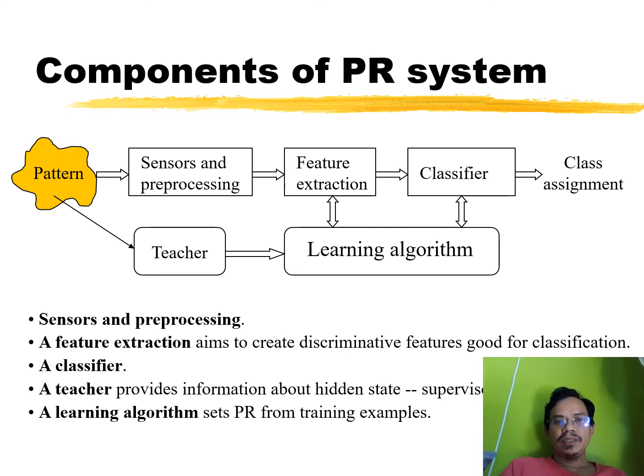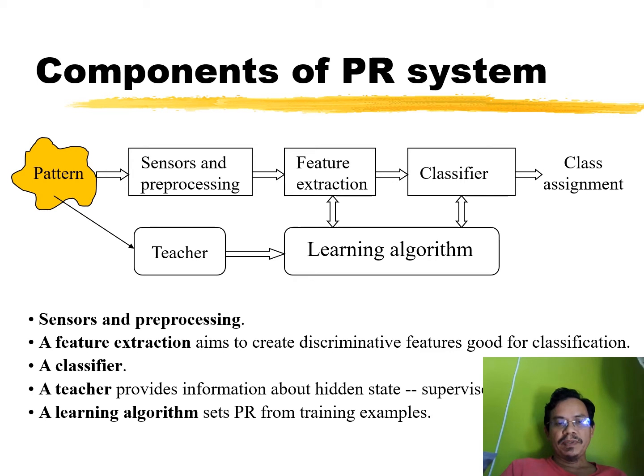Components of pattern recognition: we have the object, we acquire the image, sensor and pre-processing, we extract features, okay, then classifier and class assignment. So from here we can train our classifier to recognize the pattern of the object.